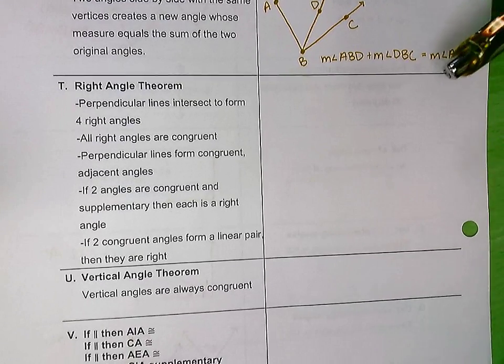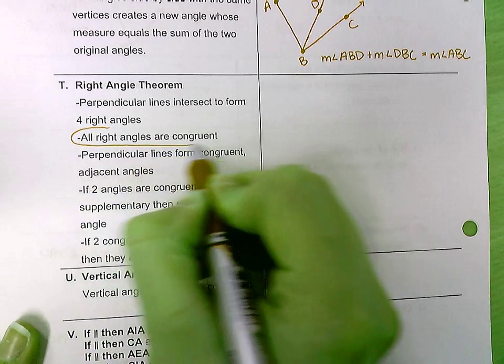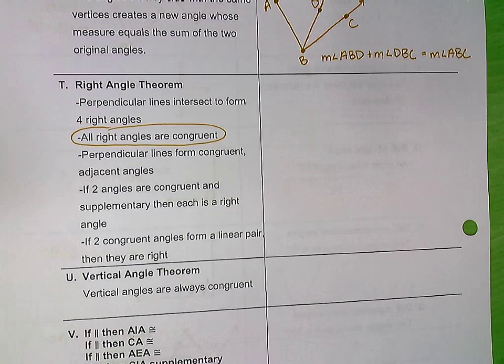The next one is the right angle theorem. The part of this one that you're mostly going to use is that all right angles are congruent to each other.